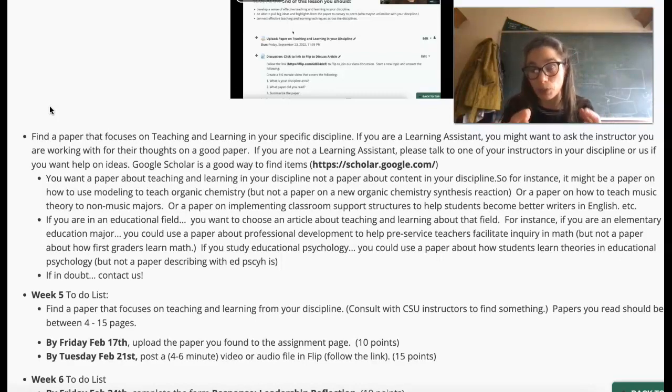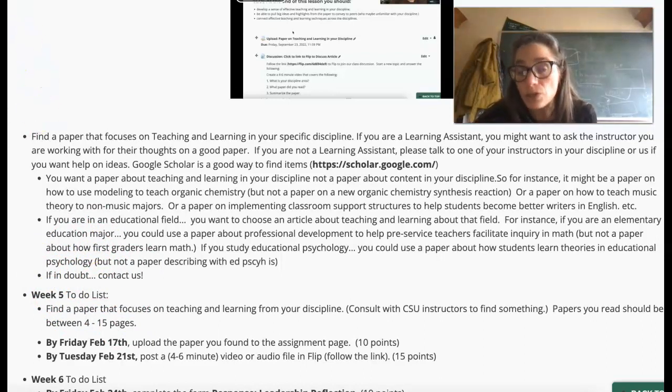That's sort of your discipline, and you want to look at how people teach and learn about how to do education. If you study educational psychology, you could use a paper about how students learn theories in educational psychology, but not a paper describing what ed psych is. If you're unsure about that, because it can become a little meta, definitely let us know, and we're happy to help you find a really good paper that's going to let us get into this. So if in doubt, feel free to contact us. We always like talking with you.